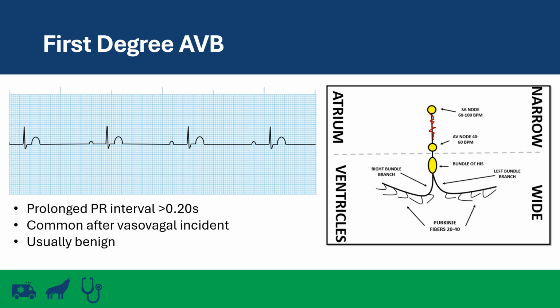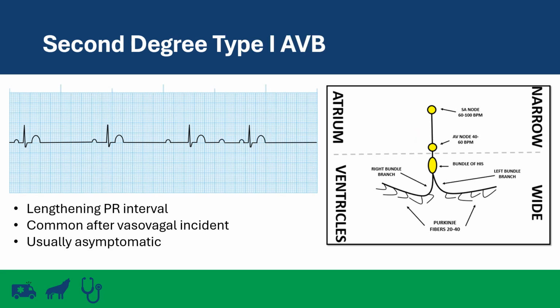So the impulse is still coming from the SA node because we have a clear identifiable P wave. It's just taking a long time to get to the AV node. So a first degree AV block has all the rules of a normal sinus rhythm. You just have a prolonged PR interval, or a PR interval greater than 0.20 seconds. Now this is common after a vasovagal incident, and it is usually benign.